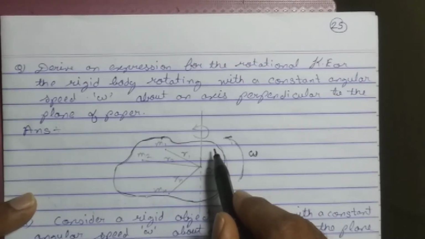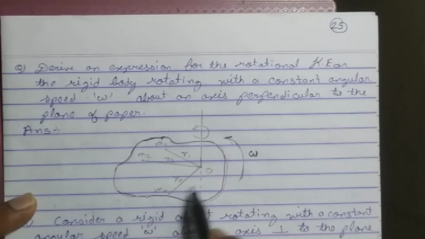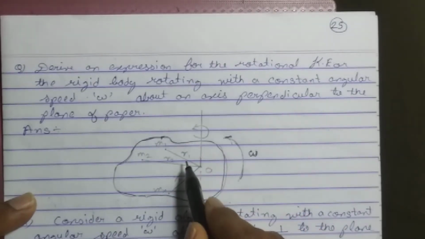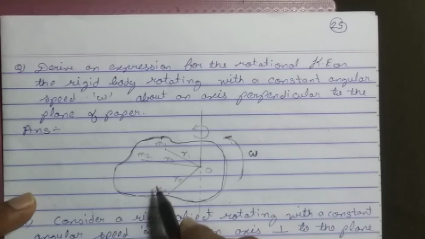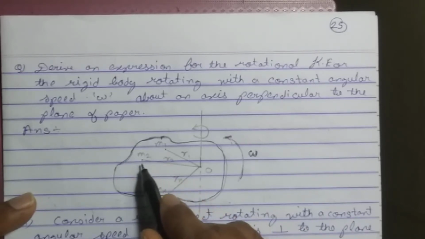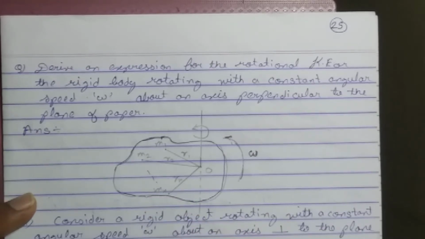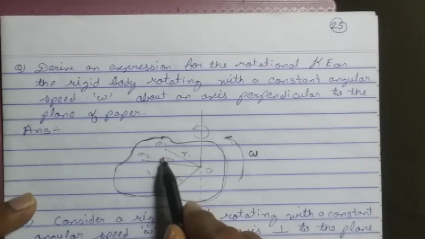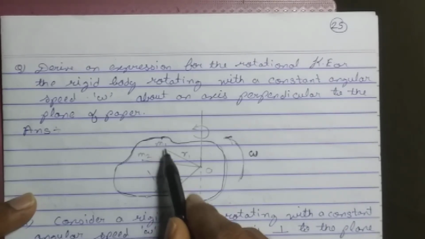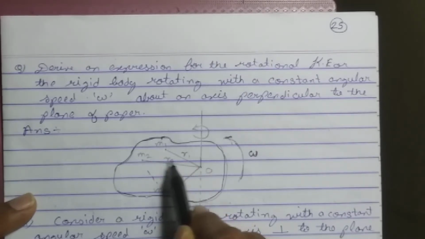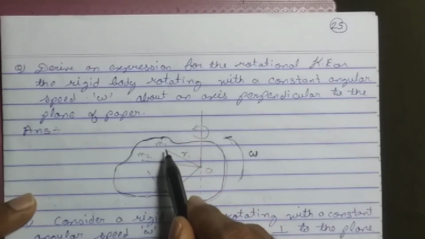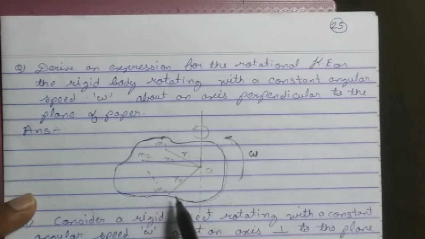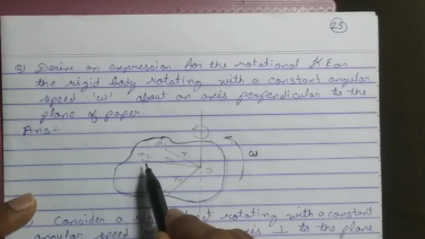Before finding the rotational kinetic energy of the rigid body, we are going to find the kinetic energy associated with the particles. This rigid body consists of n number of particles whose masses are m1, m2 up to mn. The particle of mass m1 is at a distance of r1 from O. When the body rotates about its own axis, this particle performs circular motion, similarly for m2 also.